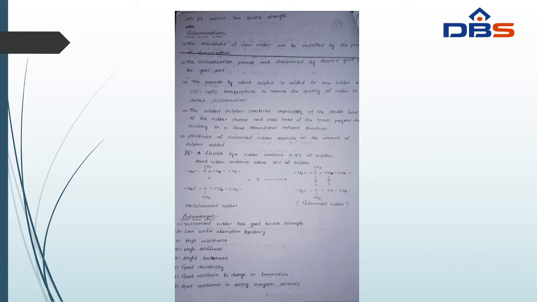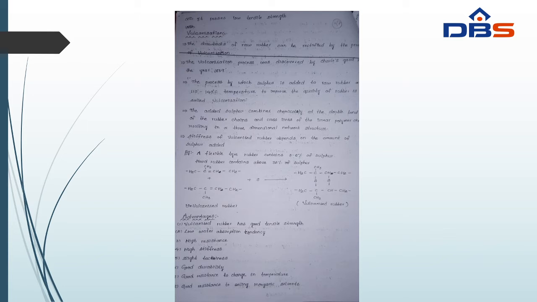The added sulfur combines chemically at the double bonds of the rubber chains and cross-links the linear polymer chains, resulting in a three-dimensional network polymer.